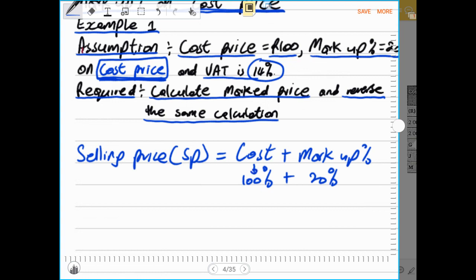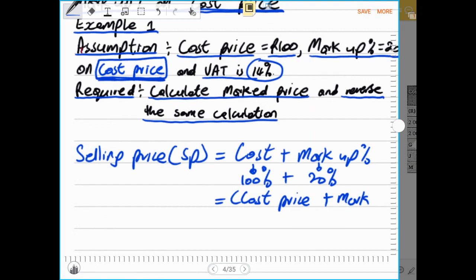If we add the markup percentage of 20% to the cost price of 100%, this will give us the selling price. That means the selling price is equal to cost price plus markup percentage.